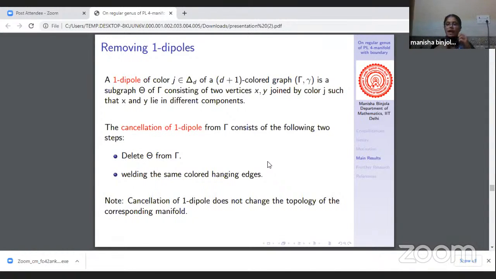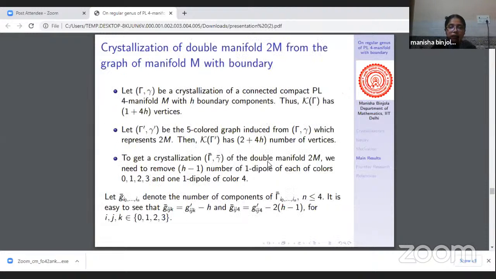So after removing one dipoles, we have a lesser number of vertices in the corresponding simplicial cell complex. Earlier we gave a graph for a double manifold. Here we will give a crystallization for a double manifold. Okay. So these two steps are clear, that we have constructed gamma dash earlier.